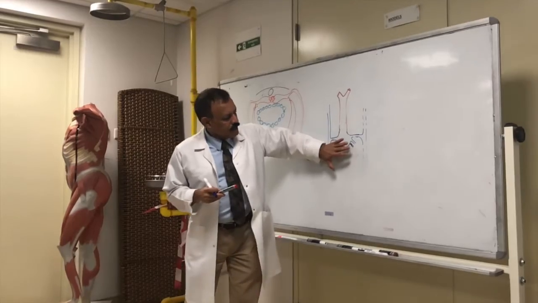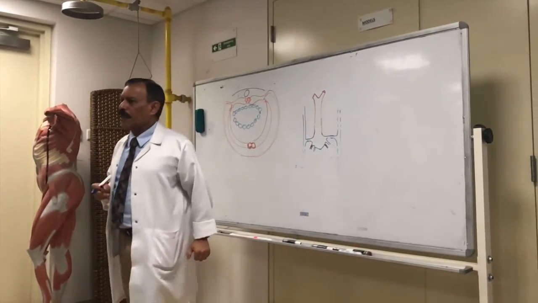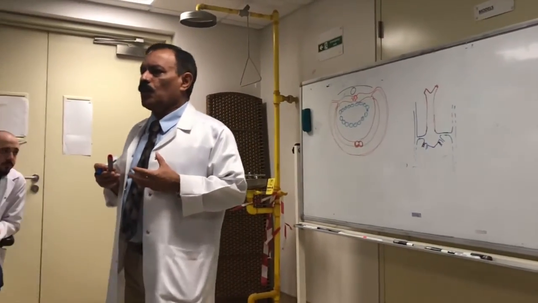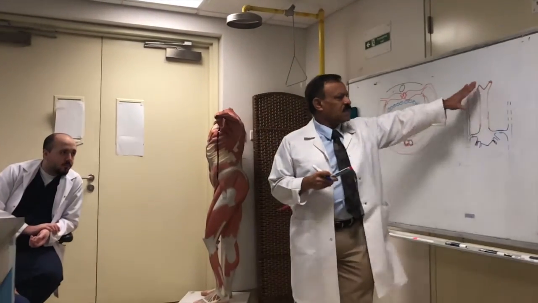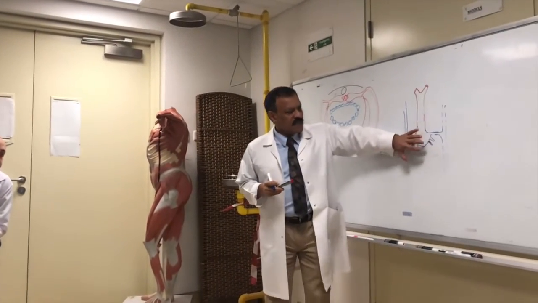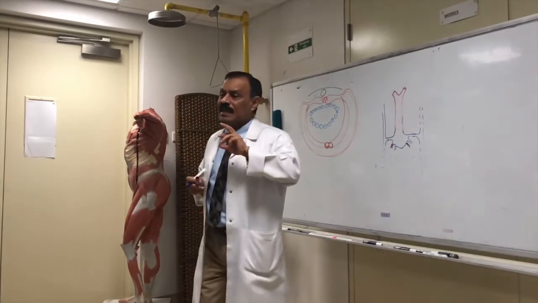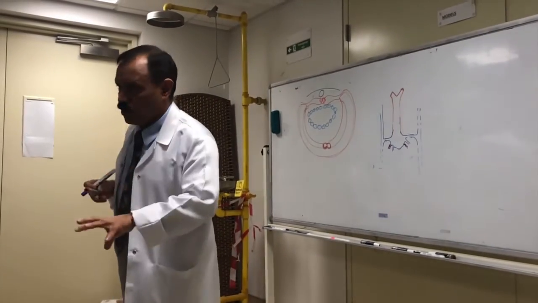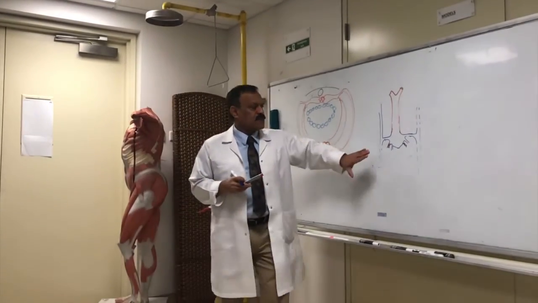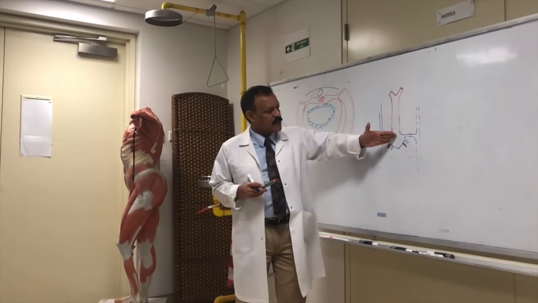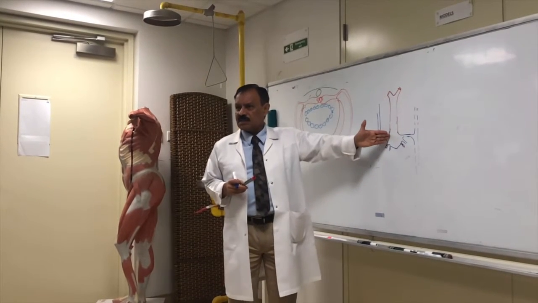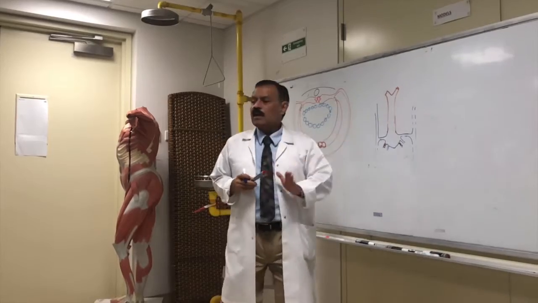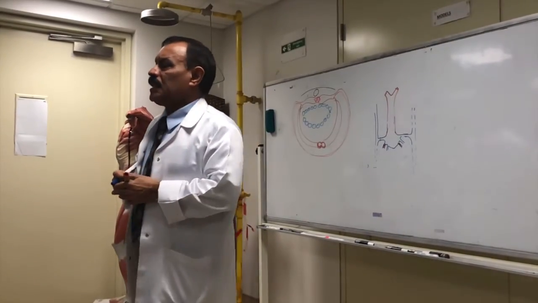So this is the sinus venosus, and a major part of that will go inside the heart tube, and this is the heart tube over there. I'm not talking about the atrium, I'm talking about the sinus venosus. If this is the sinus venosus in the heart tube, which is striated muscle by now, where do you think the atrium will be?